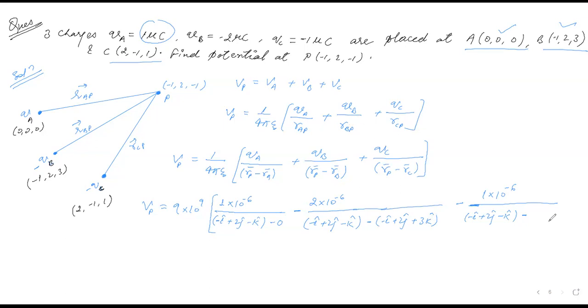What is your C? C is 2i cap minus j cap plus k cap. Note it down till here because we have no more space to write down. It is a very big equation.